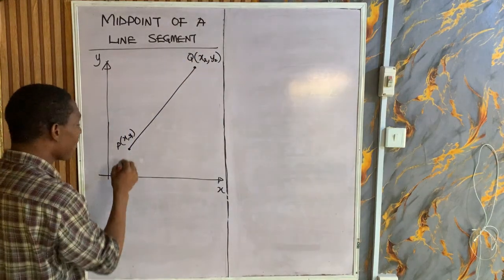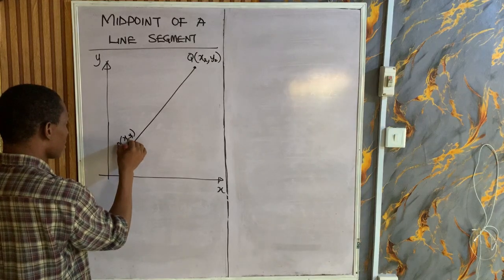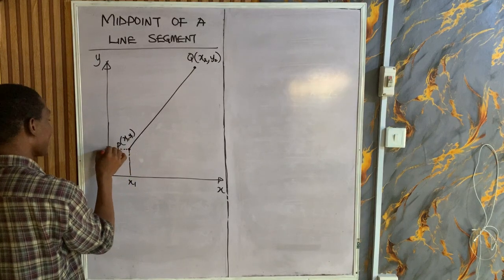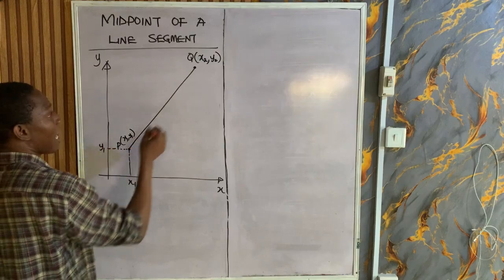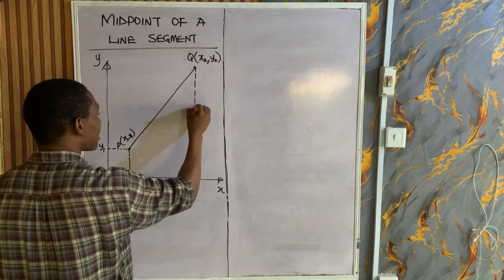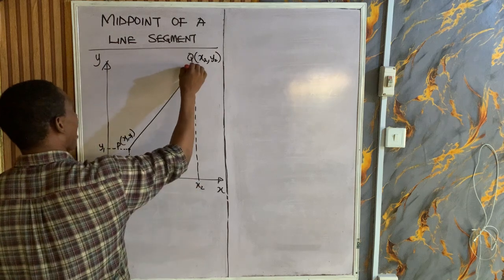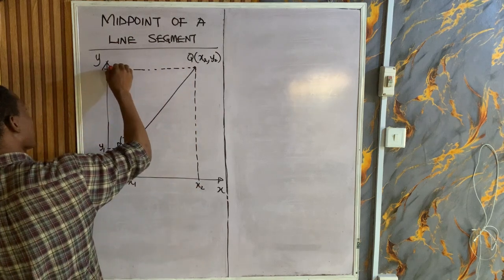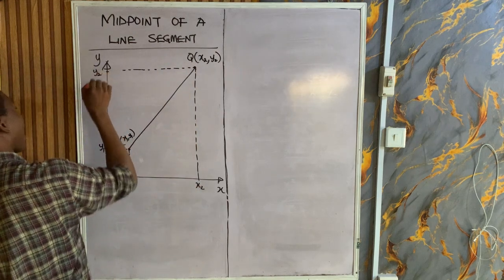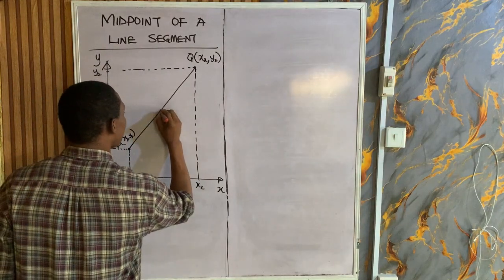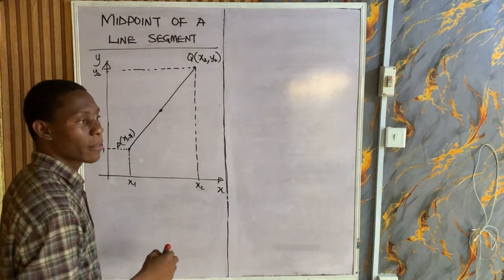Now this simply means that if I trace it along the x-axis, I have x1. And I trace it along the y-axis, I have y1. And then if I trace it along the x-axis, I have x2. And if I trace it along the y-axis, I have y2. And now let's say we are looking for the middle, which happens to be the midpoint, the middle of this line.